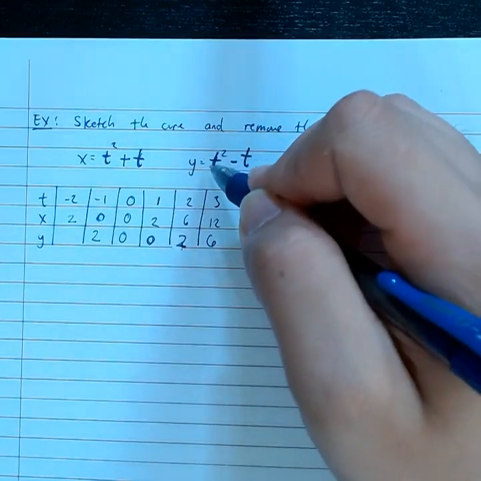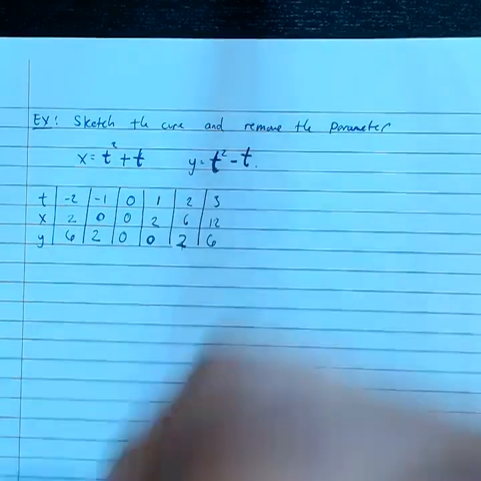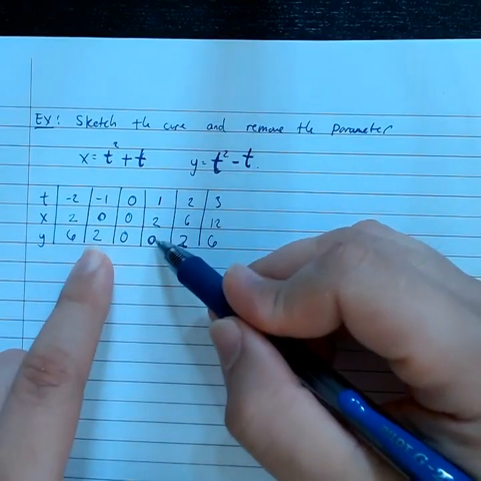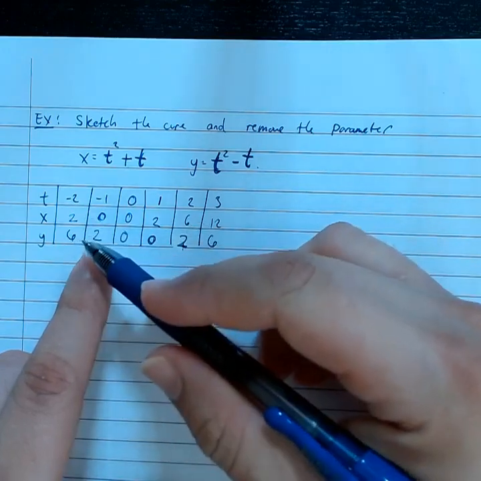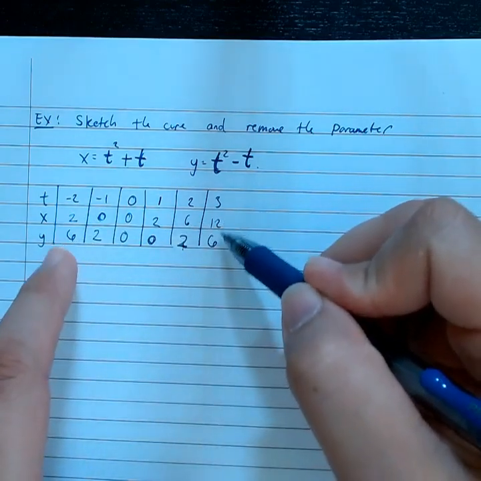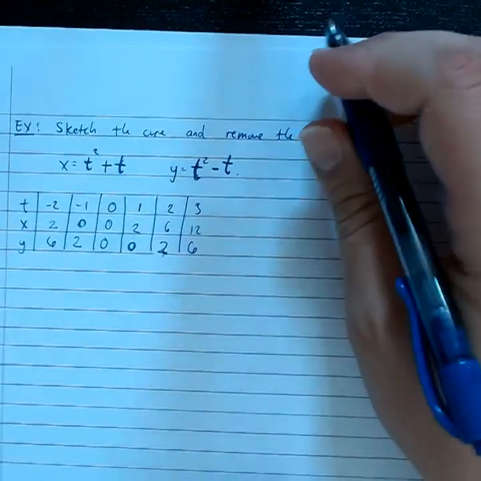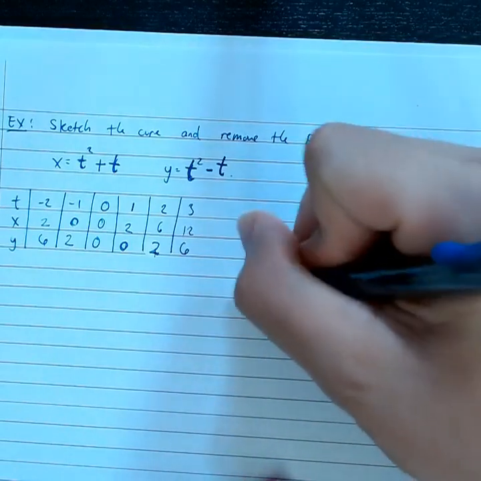And then positive 4 minus a negative 2, which will give me 6. All right. And so now we can go ahead and graph this. Notice these are the same numbers but backwards. 2, 0, 0, 2, 6, 2, 2, 6. If you kept going, I think you'd find this would be 12, 6, and this one would be 6, 12. But it doesn't really matter. Here we have sufficient information to create a graph.